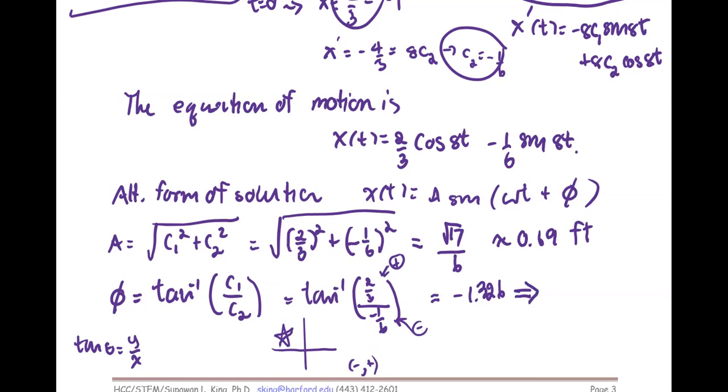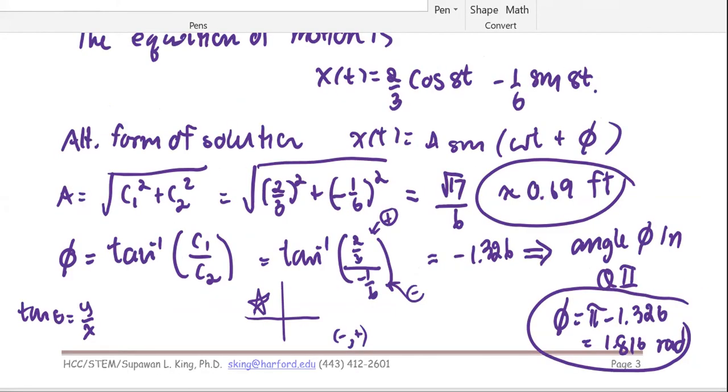So the angle that we really look for, phi in quadrant 2, will be pi minus 1.326. So x at t equals A, which is the square root 17 over 6, or about 0.7 foot, multiplied by sine of omega, which is 8t, plus 1.816 radian.